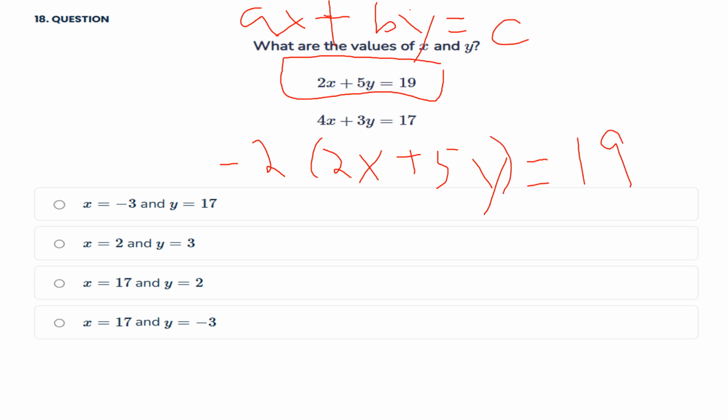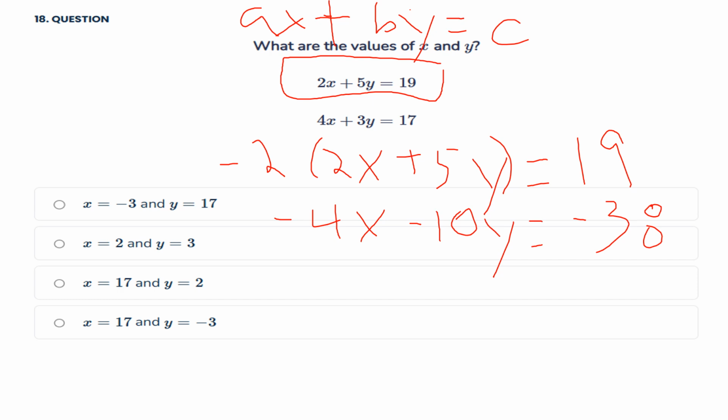That gives us negative 4x minus 10y equals negative 38. Now that we have that, we can solve for the y variable, because we're going to cancel out the x variable.